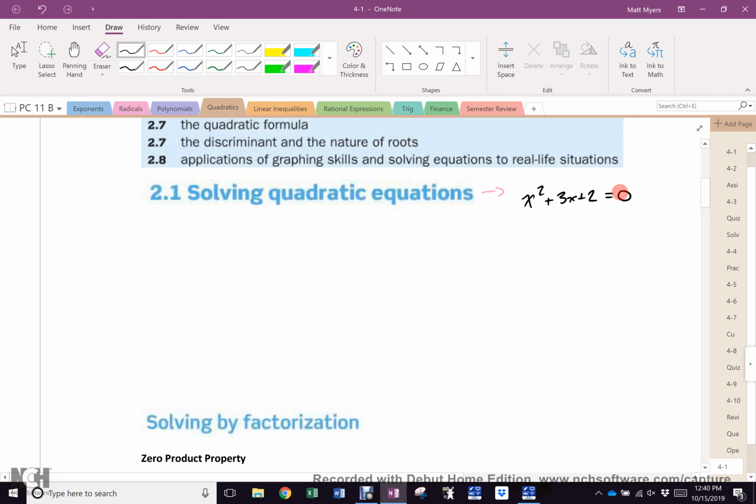And you all already know the answer to that from the last part of our last unit. You would take that, you would factor it, and you would know that x plus 2 would have to equal 0, or x plus 1 would have to equal 0, meaning x would equal -1 or -2. You already know that, right?